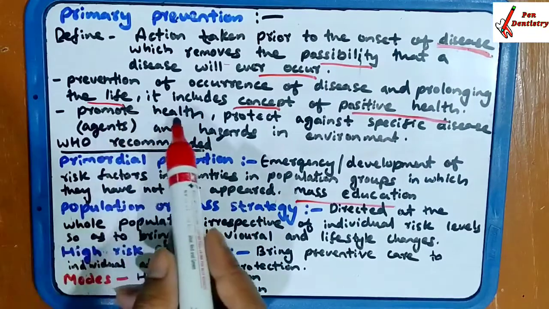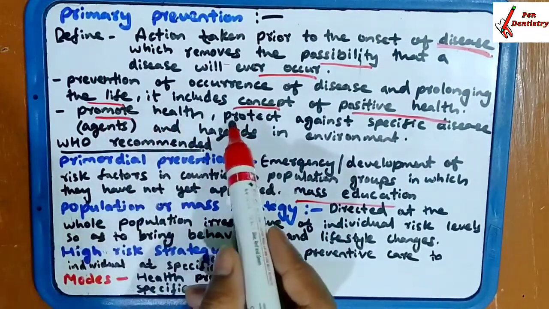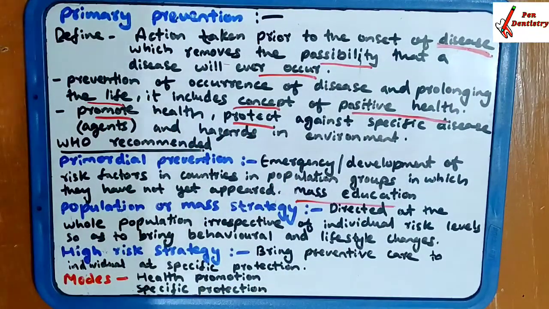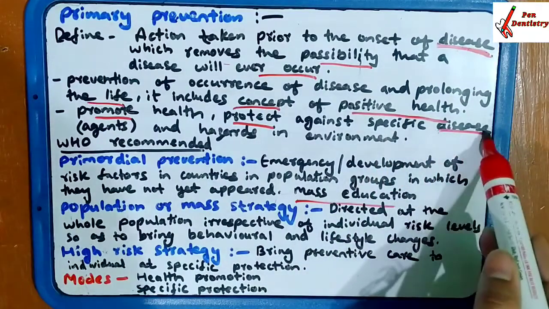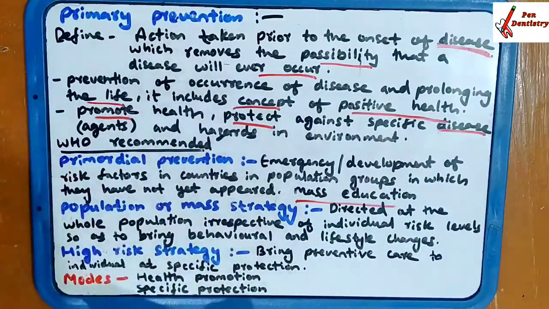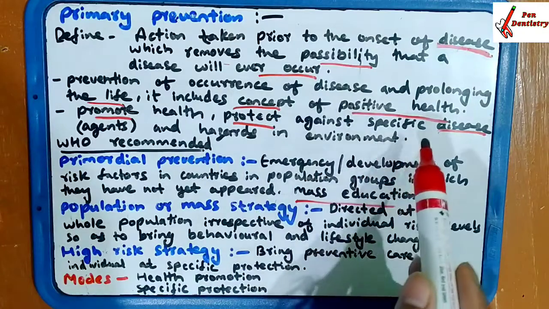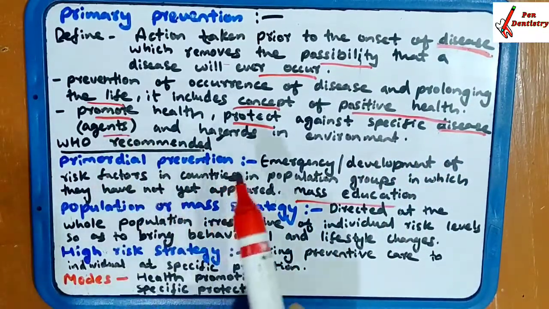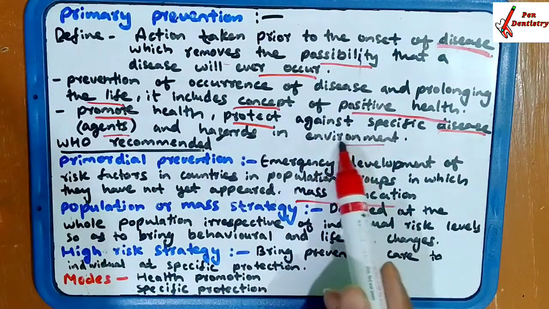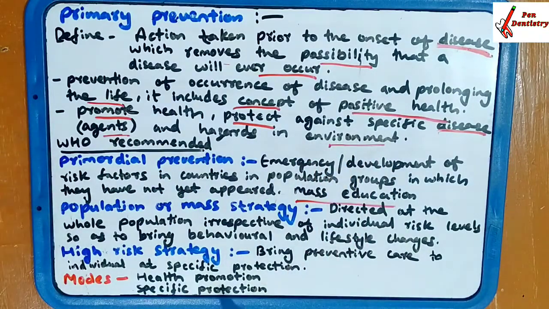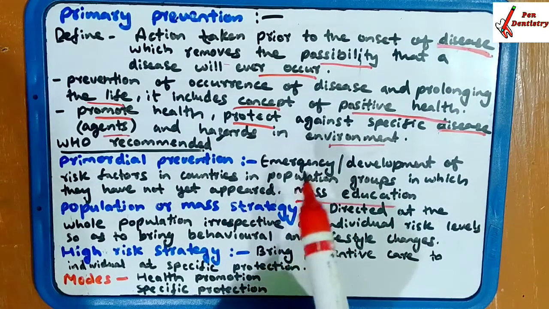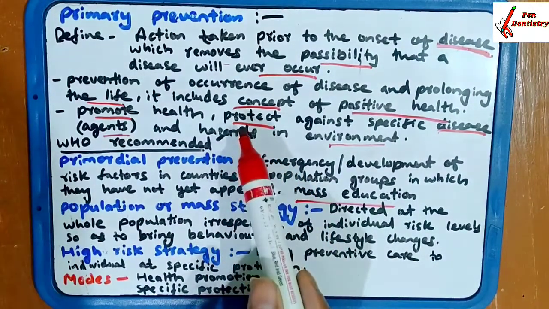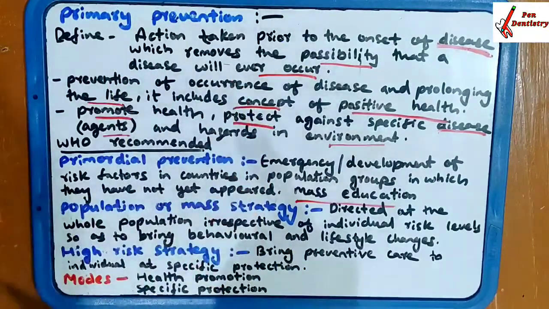It promotes health, and it protects against specific diseases, that is, agents and hazards present in the environment. With that, primary prevention is going to protect us.